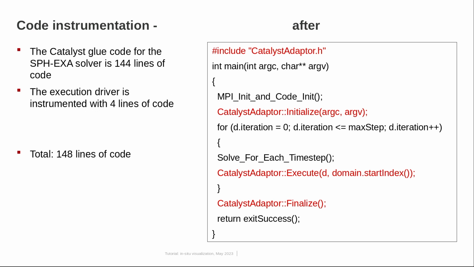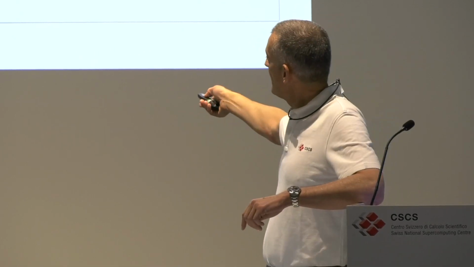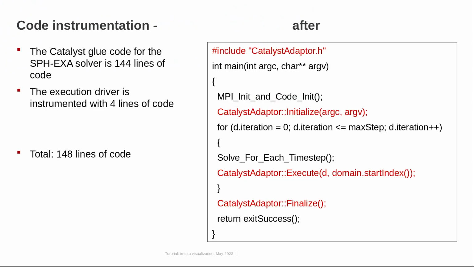If you do Catalyst, you include your adapter, you initialize the adapter, and you pass it argc and argv, because presumably the name of your Python script, you put that on the command line. And at each iteration, you execute the adapter.